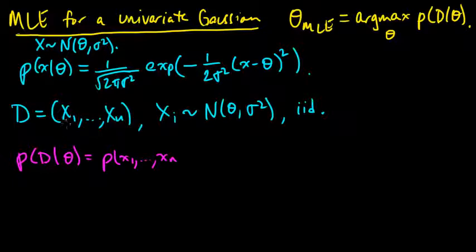We're thinking of them as random variables, but I'm writing lowercase for the particular values they're taking, so Xi equals little xi here.